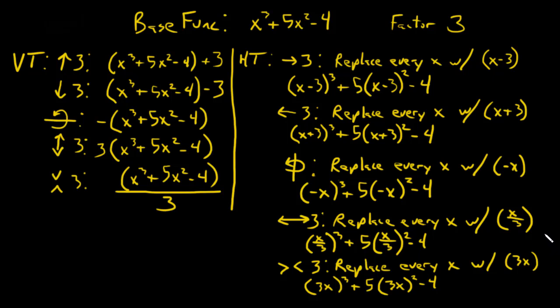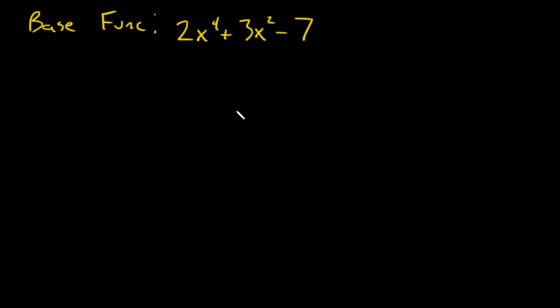So let's do one quick example of a few things. Actually, now that I've done all this, I think I'm going to jump straight to homework and give y'all a chance to knock this out. So let me clear this, and let's do some homework. So let's say that I have my base function is going to be, let's try, 2x to the 4th plus 3x squared minus 7.